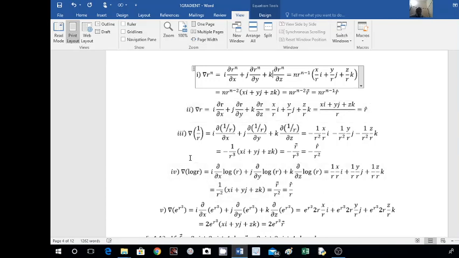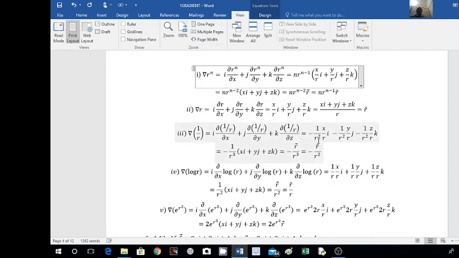Coming to the third one, del of 1 by r. In place of phi, I have 1 by r. Then by the definition, del phi equals i into dou by dou x of 1 by r plus j into dou by dou y of 1 by r plus k into dou by dou z of 1 by r. What is the differentiation of 1 by r?